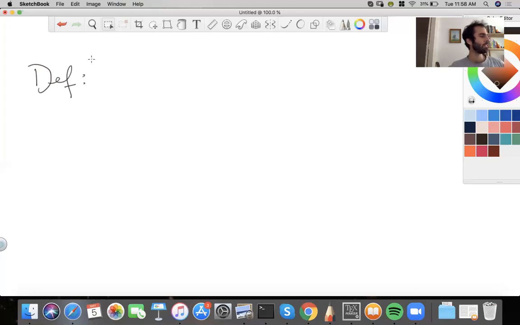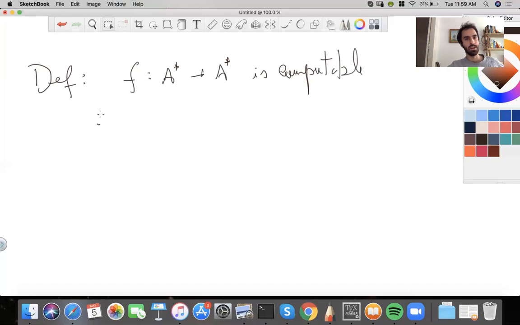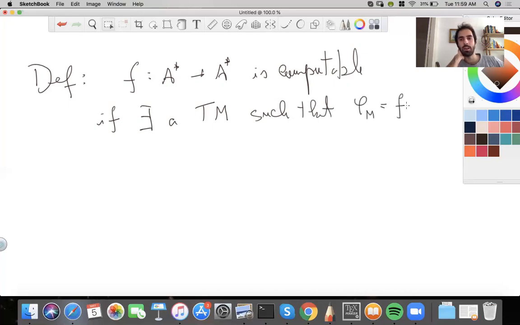A function f from the set of all strings to the set of all strings is computable if there exists a Turing machine m such that phi of m is equal to f.